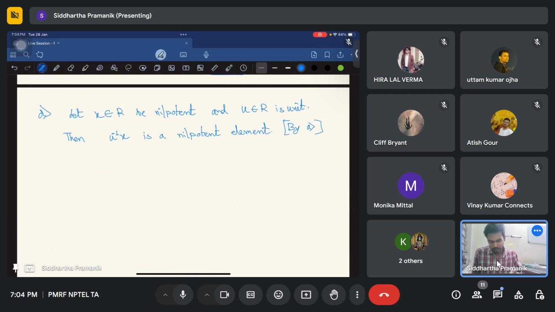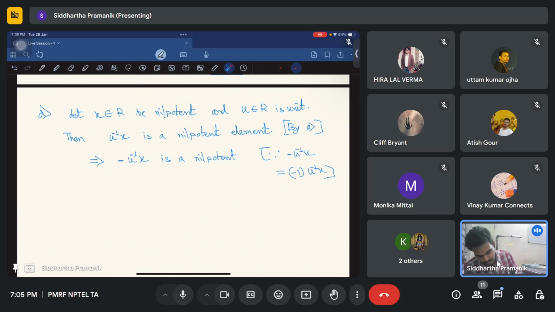And also we can take minus of this. Minus u inverse x is nilpotent, because minus u inverse x is nothing but minus 1 times u inverse x. u inverse x is nilpotent and minus 1 is an arbitrary element.